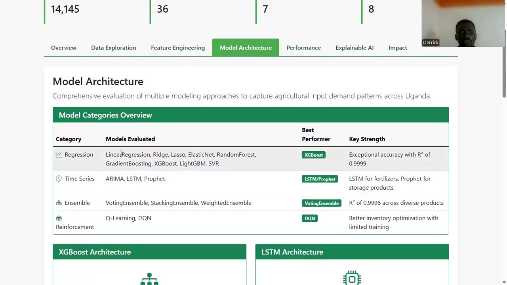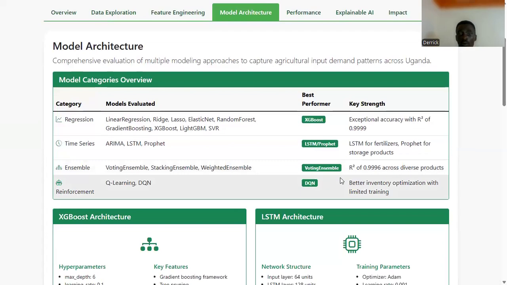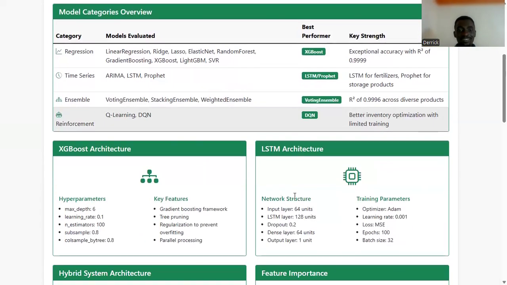With regression models, we trained around 10 models: linear, ridge, lasso, elastic net, random forest, gradient boosting, XGBoost, LightGBM and SVR, and the best performer was XGBoost, as you can see from our statistics. We also did ensembling, whereby the bagging ensemble took it all, and the reinforcement DHON performed better with limited training.